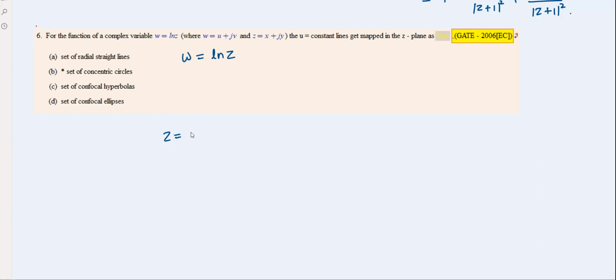Now Z is equal to X plus iY, which is R e power i theta.